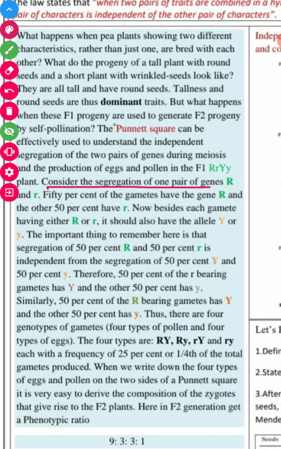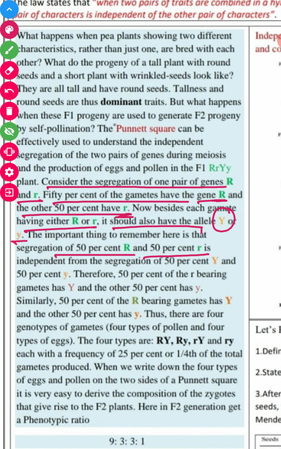Consider the segregation of one pair of genes, R and r. 50% of the gametes have the gene R and the other 50% have the small gene r. Now besides each gamete having either R or r, it should also have the allele Y or y, the different trait, which represents the color. The important thing to remember is that the segregation of 50% R and 50% r is independent from the segregation of 50% Y and 50% y.